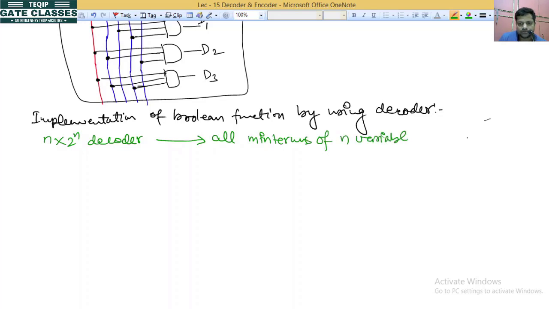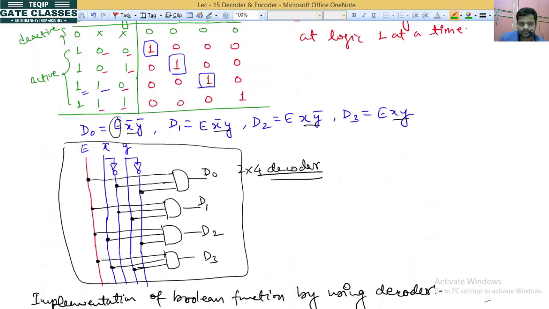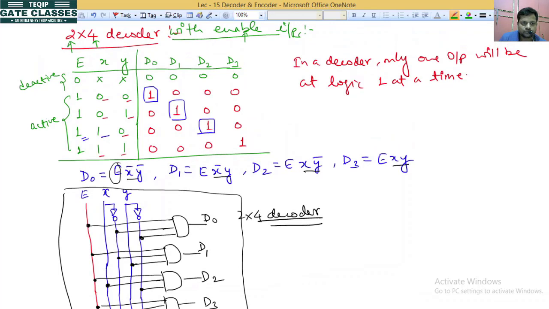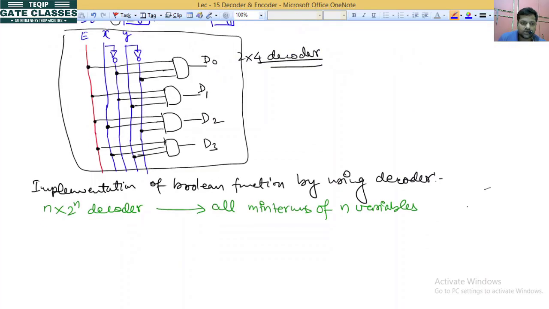We have seen this in the above example. We have a 2 cross 4 decoder with only two variables x and y, so in the output we get all the combinations of minterms: x bar y bar, x bar y, x y bar and x y. So all the minterms of two variables we have got.